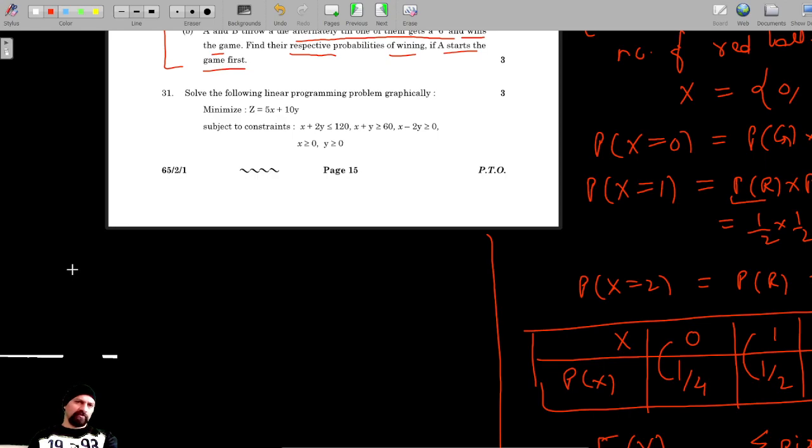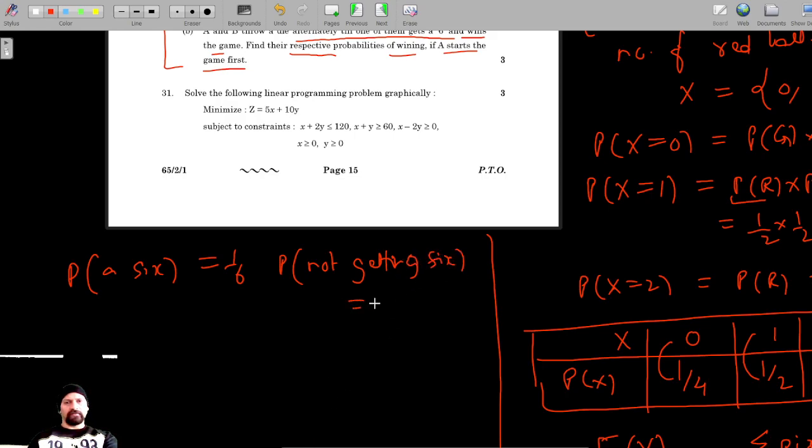So if a die is thrown, then the probability of getting a 6 is 1 by 6, and the probability of not getting a 6 is 5 by 6.